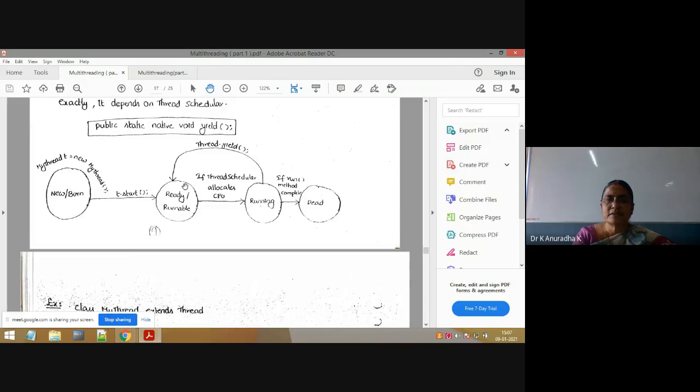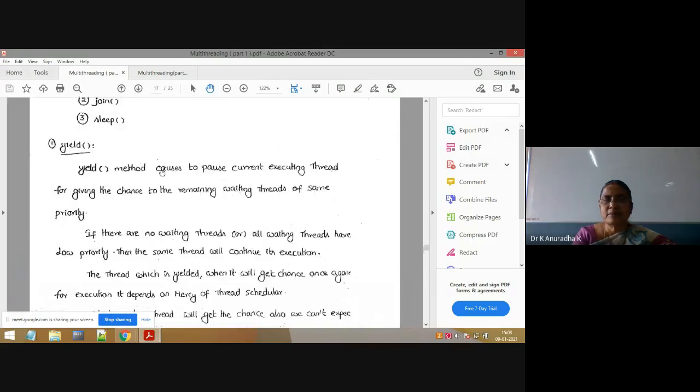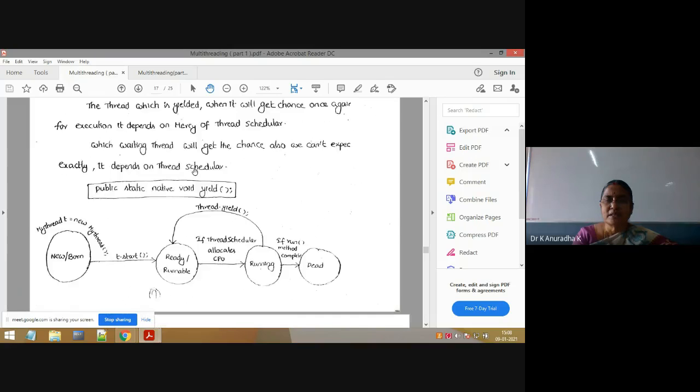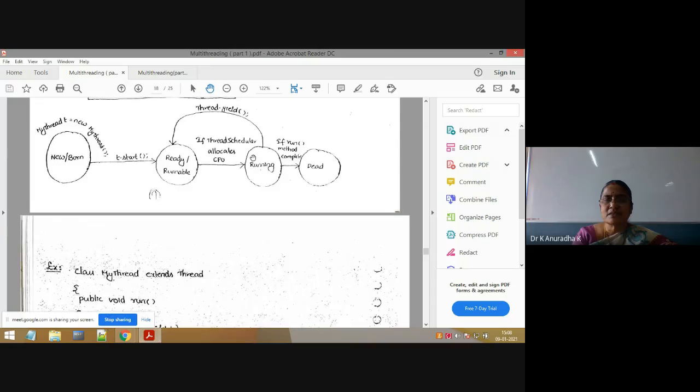So what does it mean? Yield method causes to pause the currently executing thread. Pause means from the running state it goes to the ready state. That is nothing but the Thread.yield method.